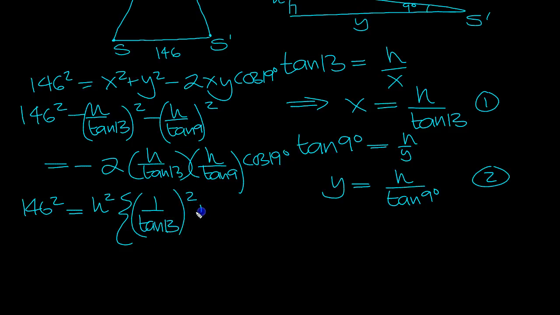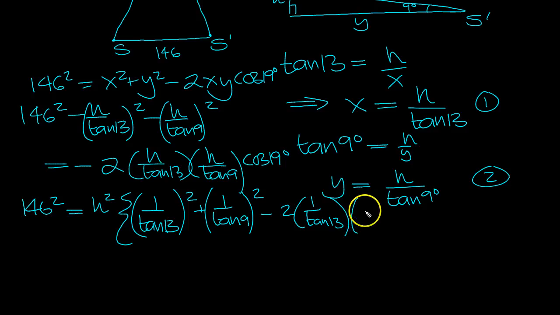This one is 1 over tan 9 squared. This one is minus 2, 1 over tan 13 times 1 over tan 9, times cos 19 degrees, close the brace. So that tells us what h squared is.